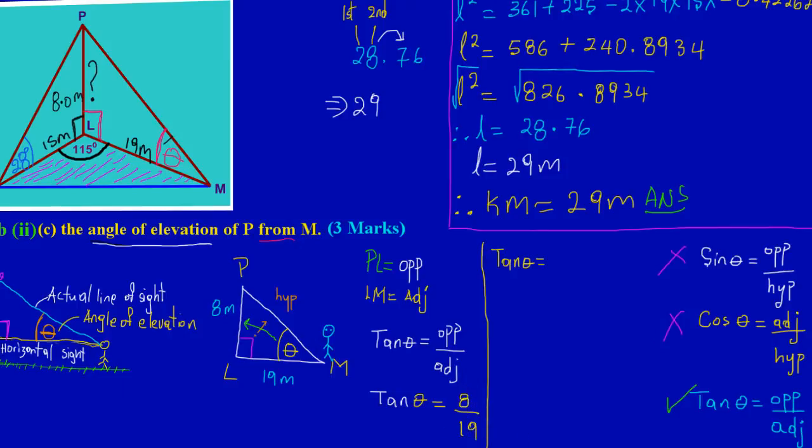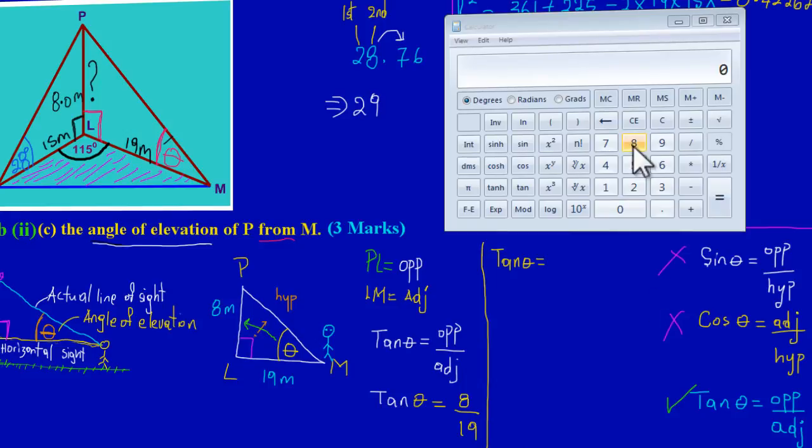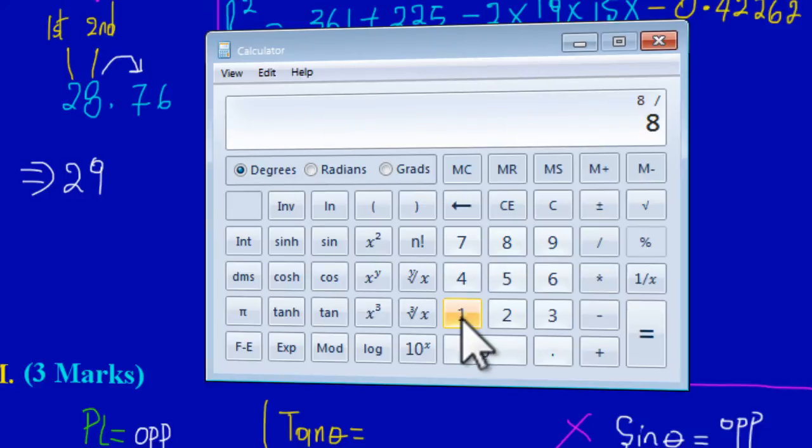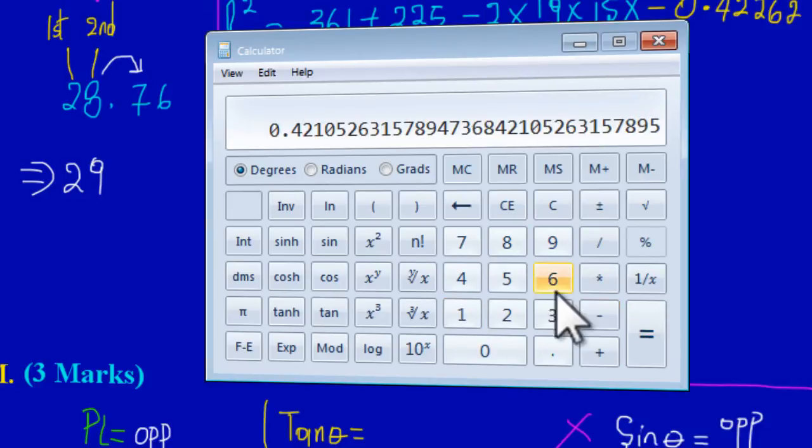So as I have my calculator here, I am saying 8 divided by 19, and that would be equal to 0.42105. And if you notice, that's an irrational number. I'm going to be working with 5 decimal places, because this is not my final answer, and I don't want to work with less than 5 because it may mess up our final answer.